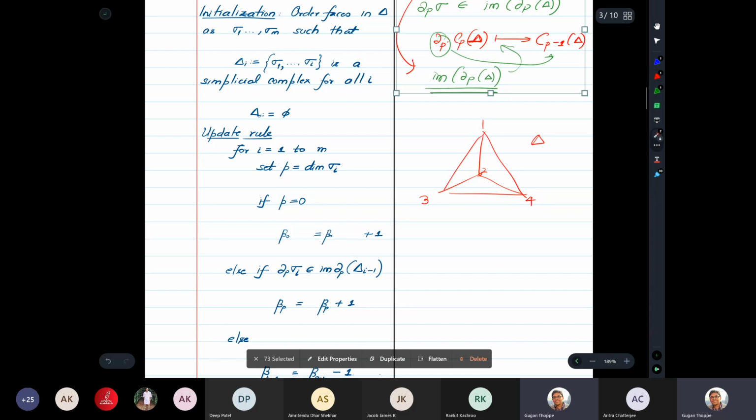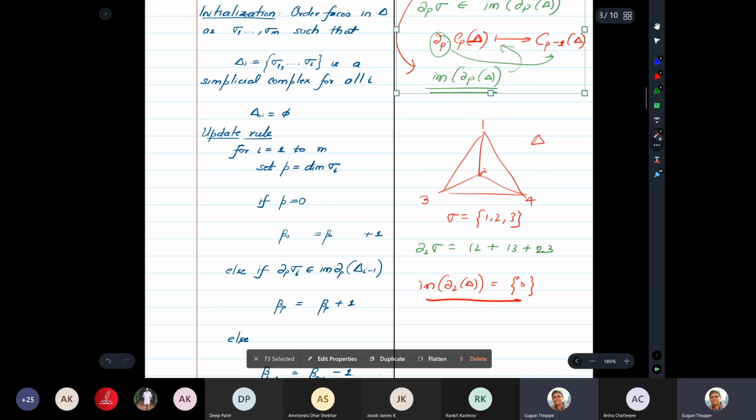So now let's say I try to add this triangle to this simplicial complex. If I try to add, let's say, sigma is 1, 2, 3, then if I take ∂2 of sigma, I hope you agree that we will end up with 1, 2 plus 1, 3 plus 2, 3, right? Whereas the image of ∂2 of delta is going to be trivial, because delta by itself doesn't have any triangle.